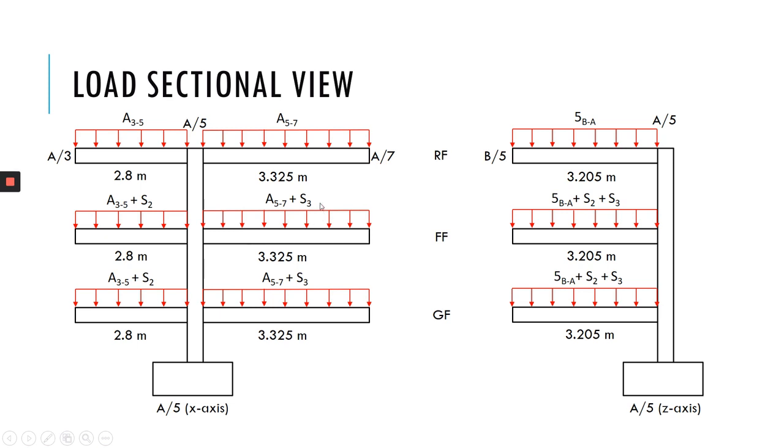Here is load from the beam and also load from slab 3, and here is also the same. So for the Z axis, at the roof floor there is a load from the beam and also load from the roof, and then here for the first floor load from the beam and also load from the slab 2 and also slab 3, same as ground floor.